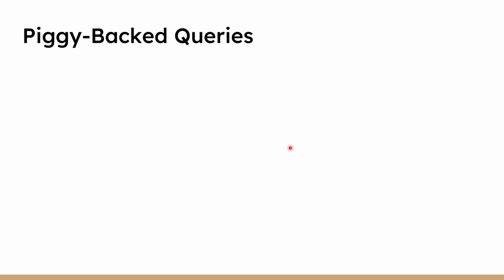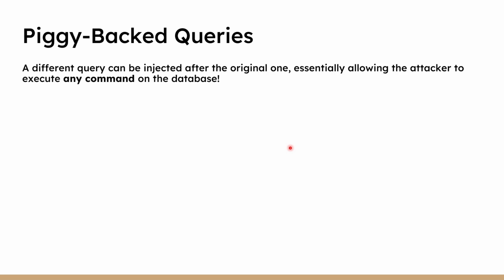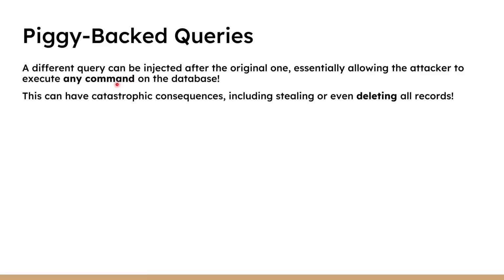Piggybacked queries. It's kind of similar to union queries, except instead of using like an inner join or anything, you just execute another query, which could be literally anything. So you could steal any data you like or delete any data as long as you know the structure of the database.